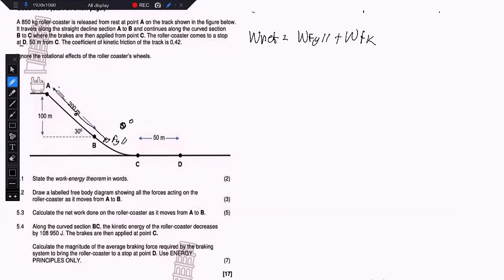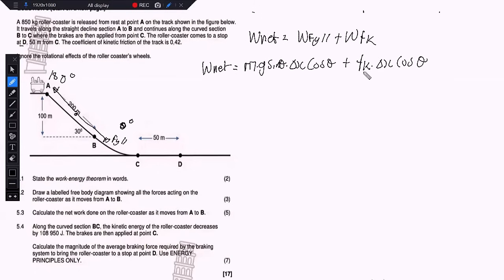But Fk is acting up the incline, which is opposite to the direction of the displacement, so its theta needs to be 180 degrees. Now we have W net. If we break this down, it's supposed to be mg sine theta delta x and then cos theta, plus this. If we break it down, it must be Fk delta x and then cos theta.